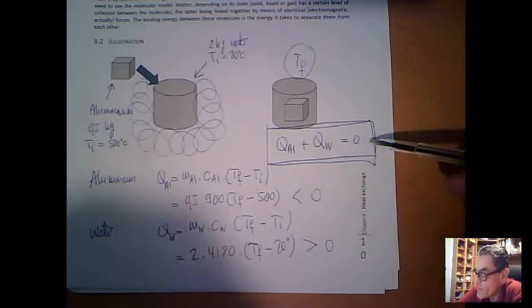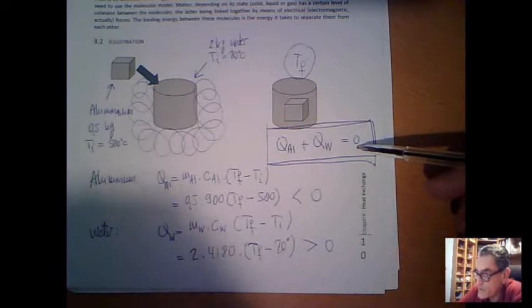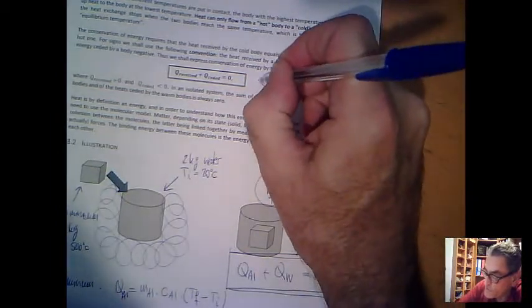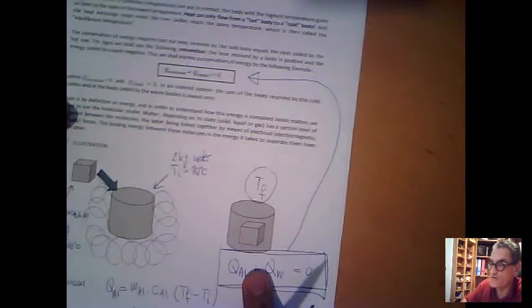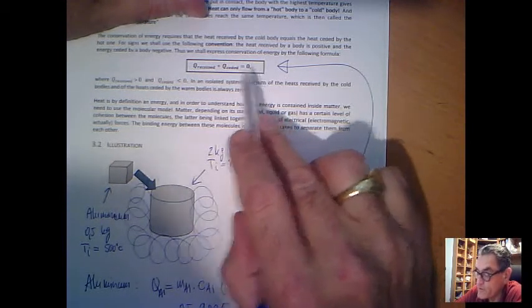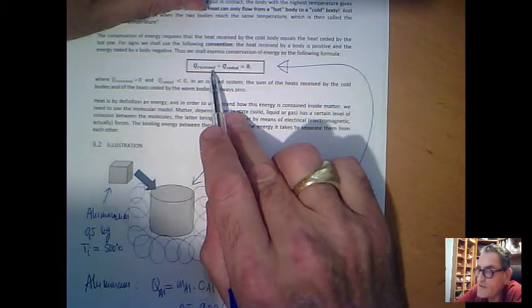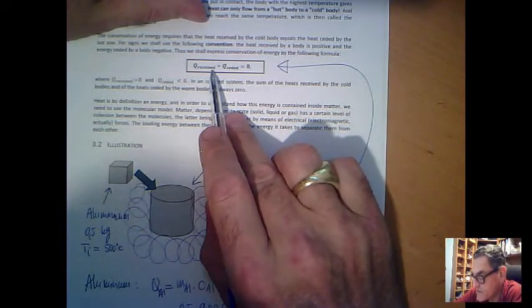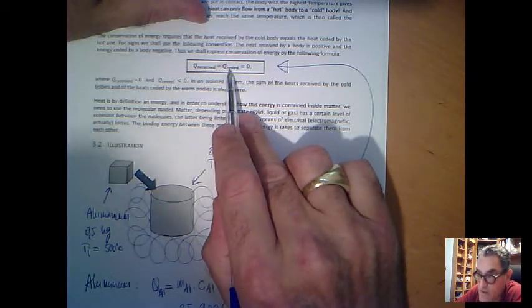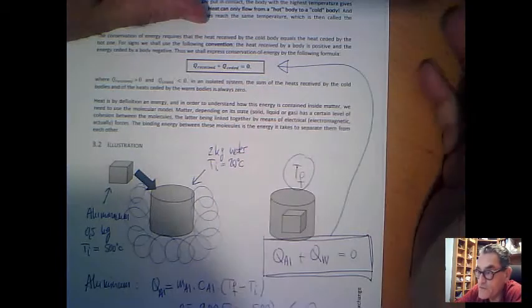Okay, so this equation is what we call the equilibrium equation, but this is not its general form. You can have more than one substance. The general form of the equilibrium equation is that the quantity of heat which is received by one or more of the substances in the system plus the quantity of heat which is given by the other substances in the system, the sum is 0.